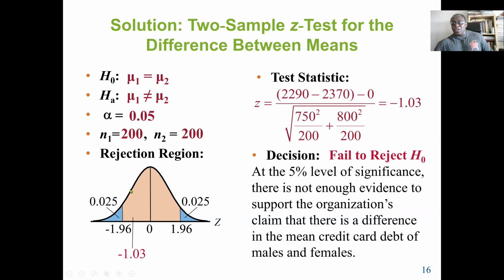The brown area will be the accepted area, and the blue area will be the rejection area. So the claim that there's a difference fails. We fail to reject H0. We accept H0 that they are the same.